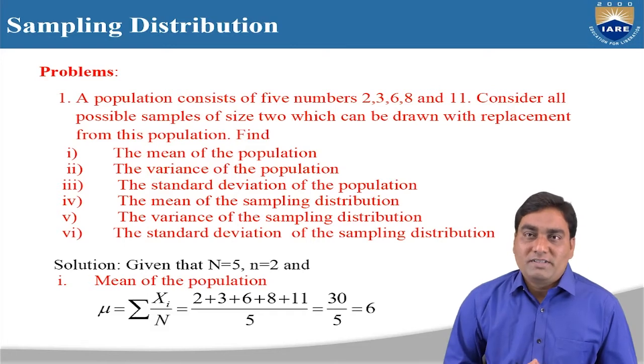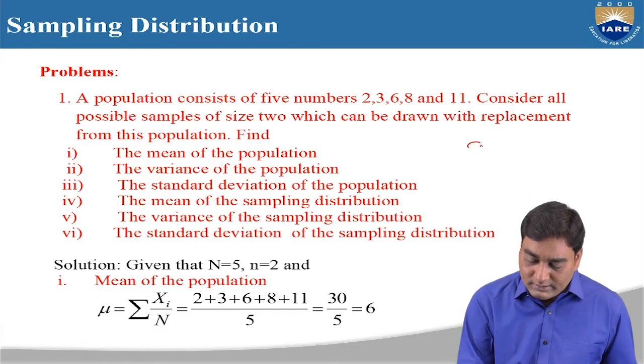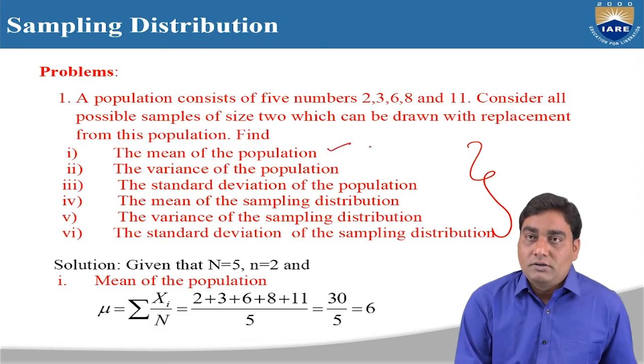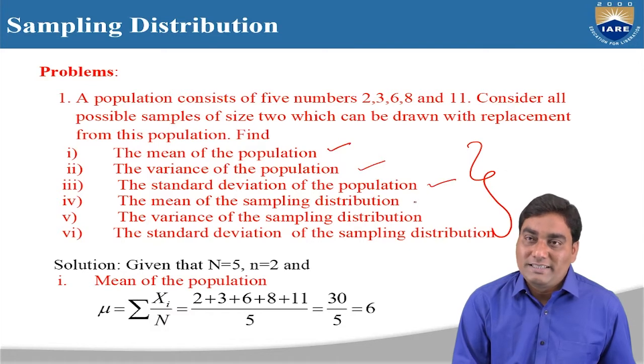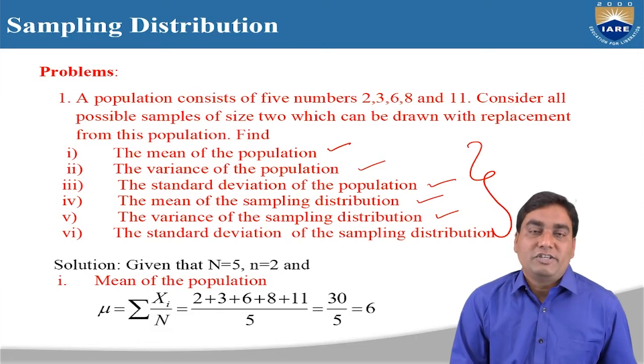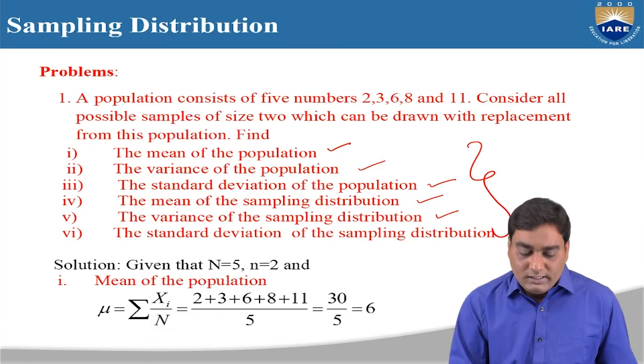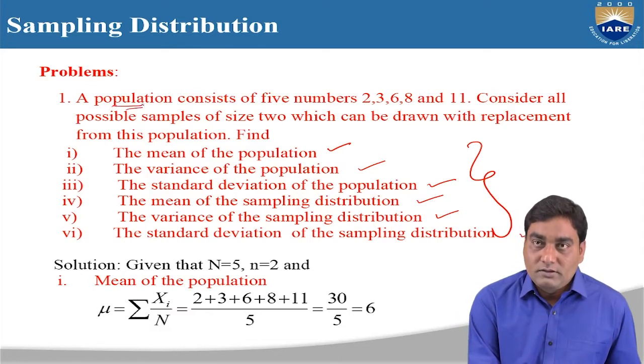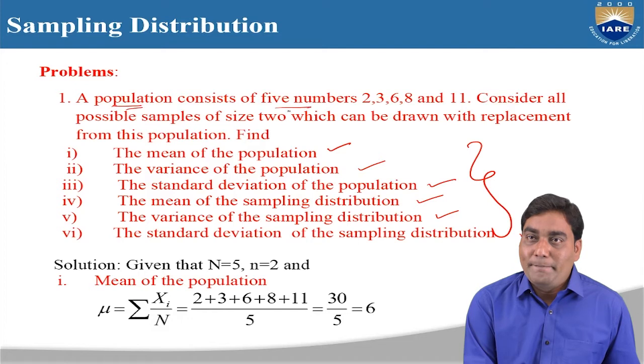Now, the problem consists of these 6 parts: the mean of the population, variance of the population, standard deviation of the population, similarly, mean of the sampling distribution, variance of the sampling distribution, and the standard deviation of the sampling distribution. The problem consists of a population of 5 numbers.